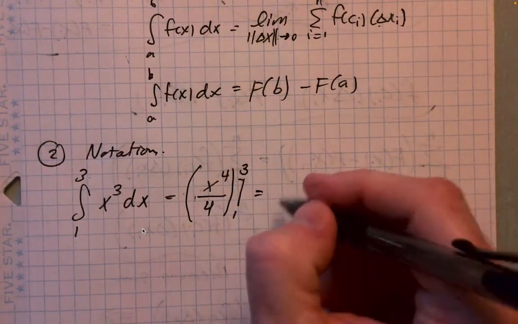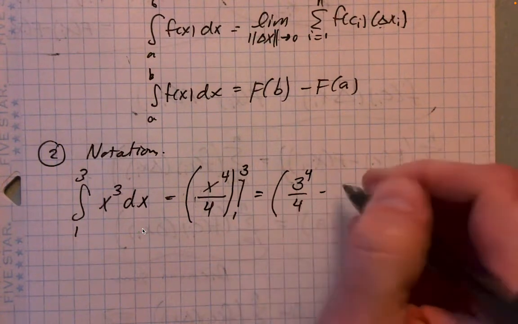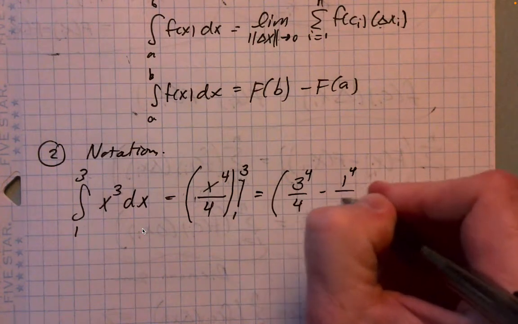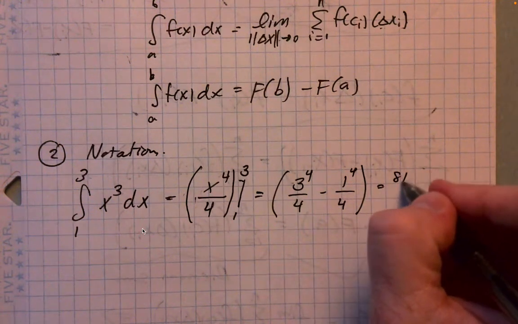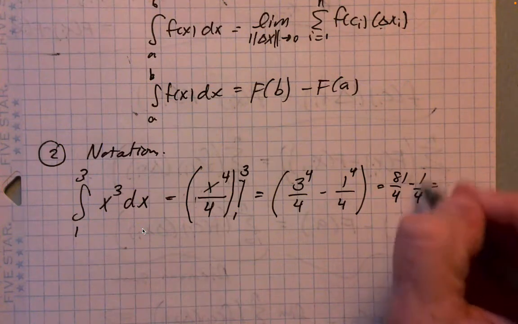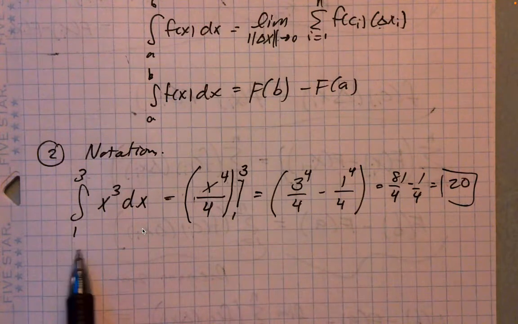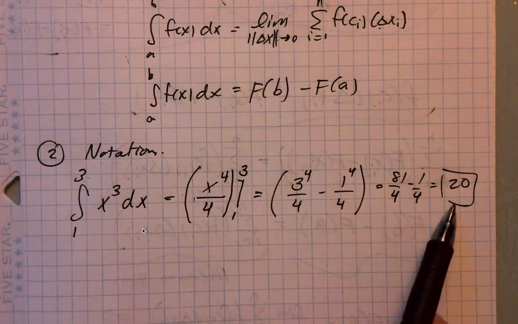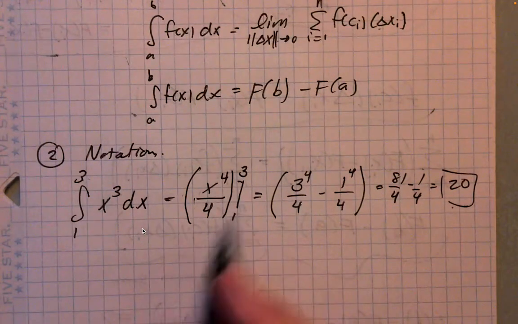And so we could do that. We could just take 3 to the 4th over 4 minus 1 to the 4th over 4, like so. And you would get 81 over 4 minus 1 over 4. And so that's 80 over 4, which is 20. And so that quickly we can figure out this definite integral, right? Really quickly. Okay. So the notation here is kind of the key, right?